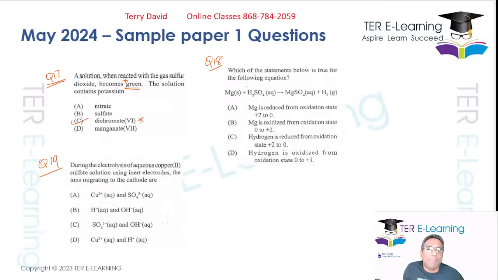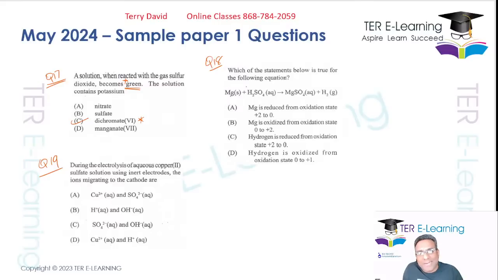So we have a metal reacting with sulfuric acid, and we want to know in terms of oxidation state what is happening. A lot of people are saying the answer is B. So let's check this.